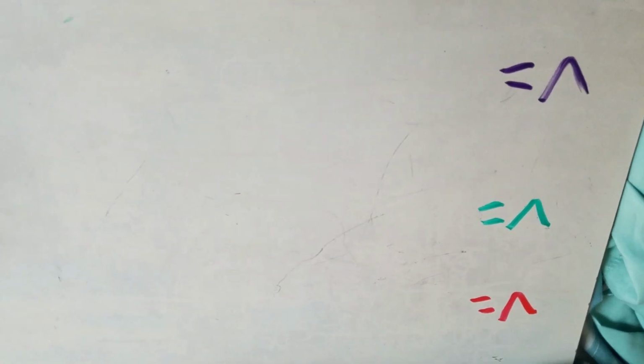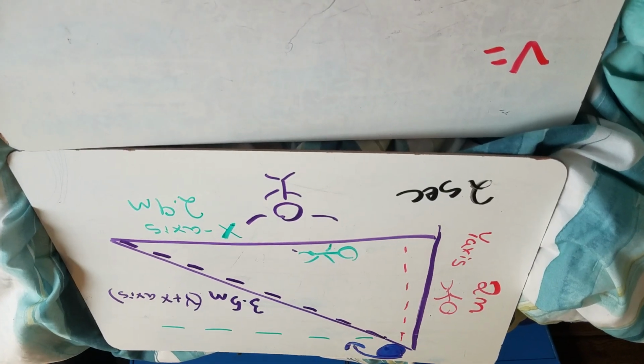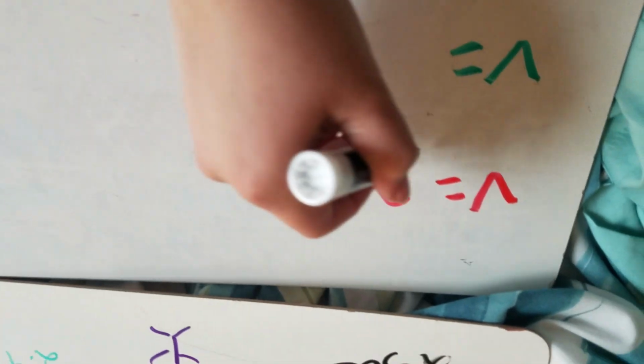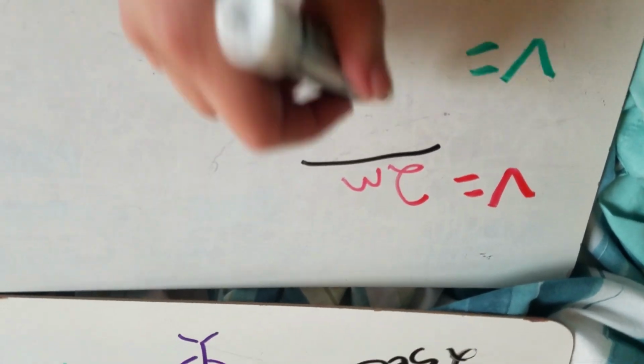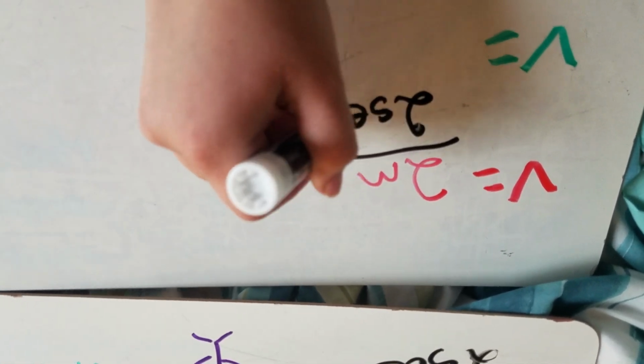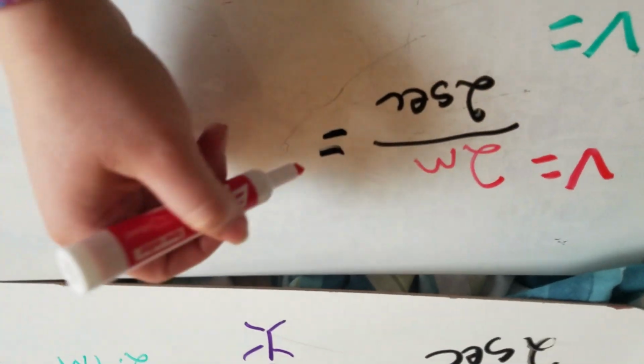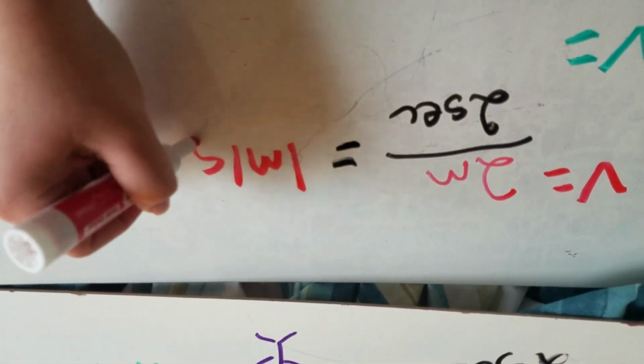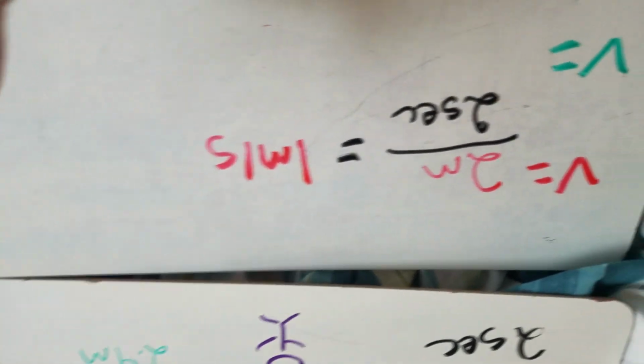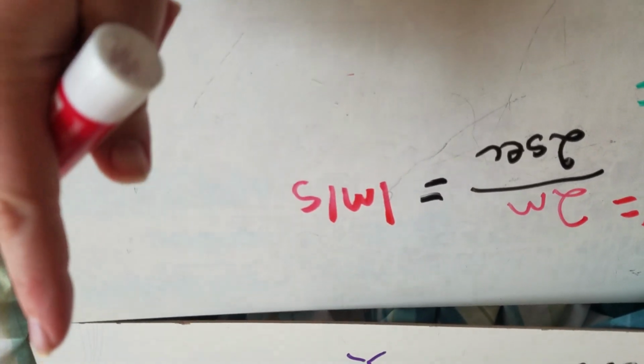All right. So we have our displacement for our red one, which is 2 meters. Displacement over time, which is going to be the same, 2 seconds. And that one's really easy. That one's going to be 1 meter per second. However, this is a velocity, so we need to add a direction.